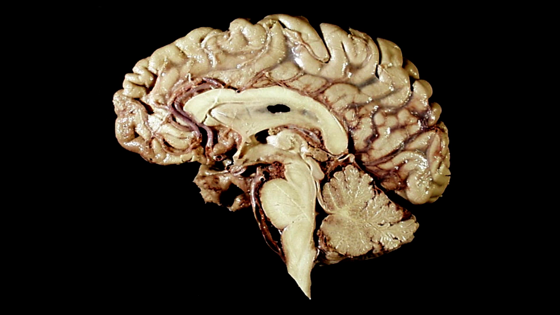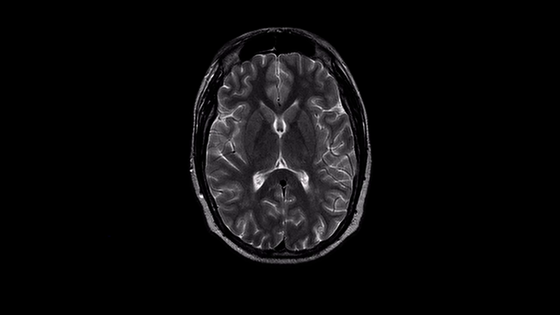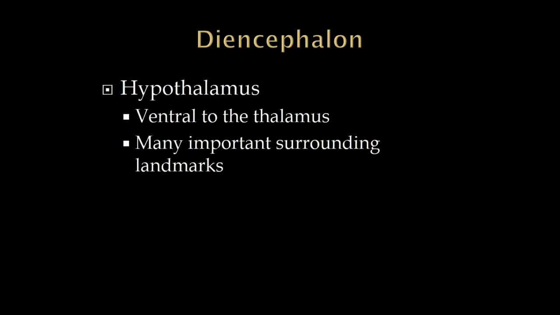Again, we have the pineal gland here, the thalamus here, and the hypothalamus up here. Just a close-up to show you the thalamus and the third ventricle. And here's an MRI scan where you can see nicely the internal capsule, the thalamus, the putamen, and the caudate.